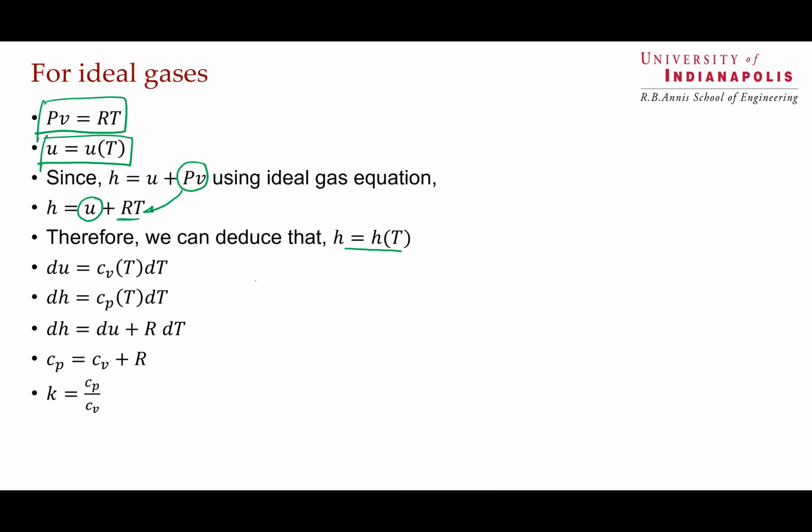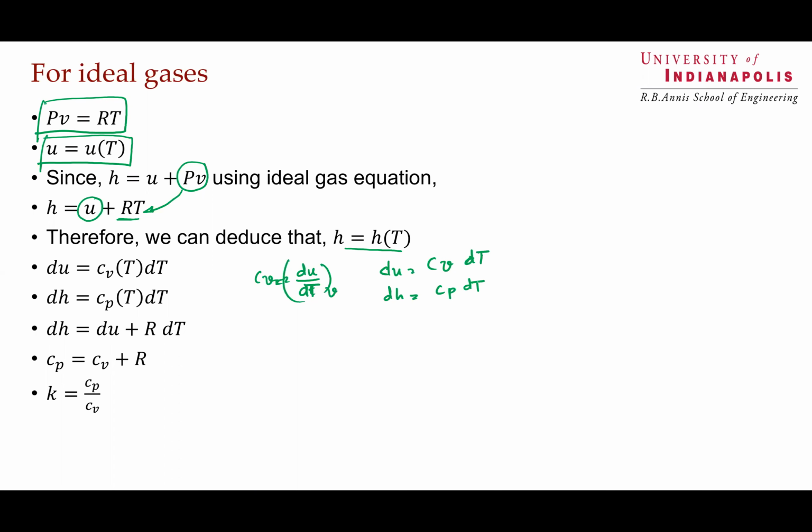And we obtain that CV is du over dT for constant volume. And since U is a function of T for an ideal gas, CV is also a function of T. So we have dU is CV dT. And dH in the same manner is Cp dT for an ideal gas.